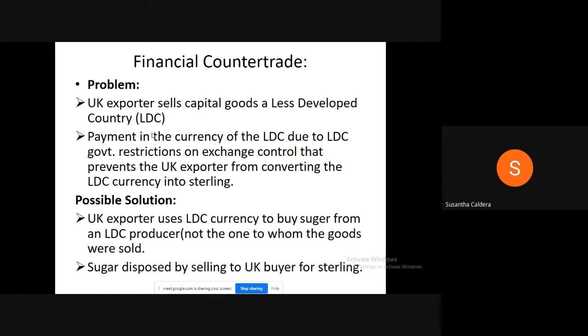So what is happening is that the mining guy, instead of paying to the UK, will pay to the sugar exporter. The sugar exporter will export sugar to the UK. Now the UK guy, he is handling machinery. What the hell is he going to do with sugar?